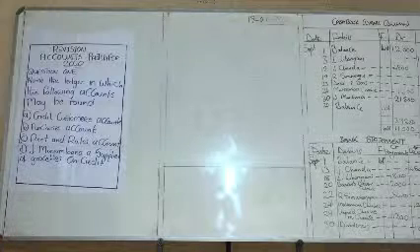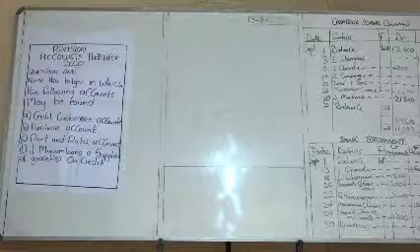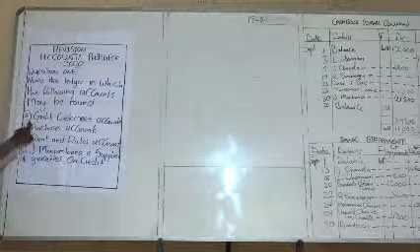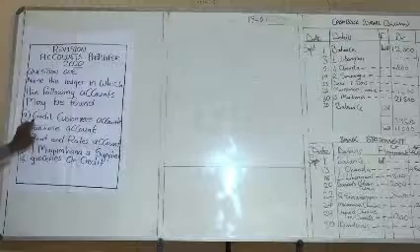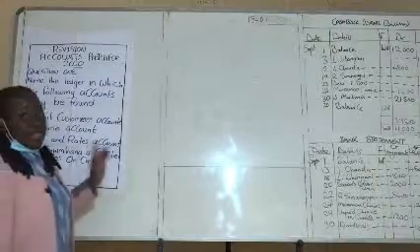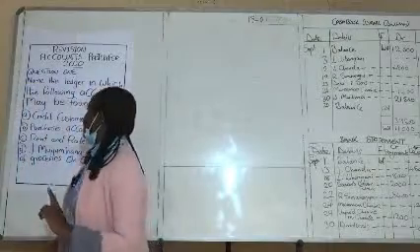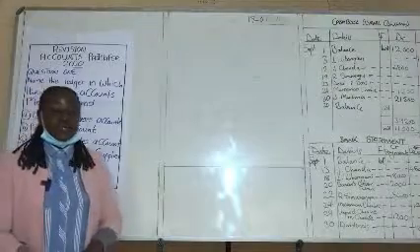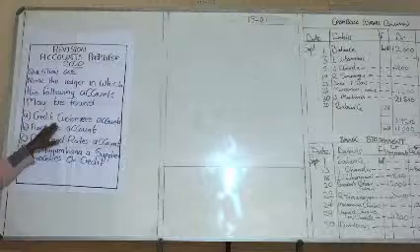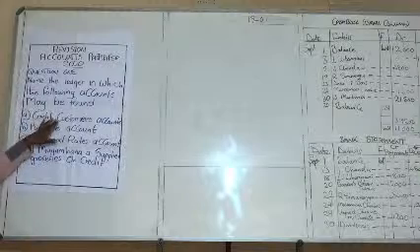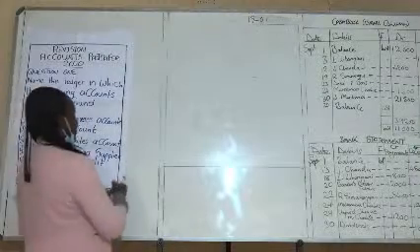Our first question reads, a credit customers account. Credit customers are customers that bought goods. So the ledger in which this is answered is the sales ledger.